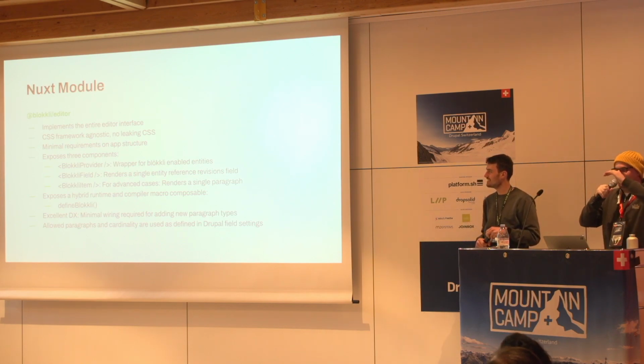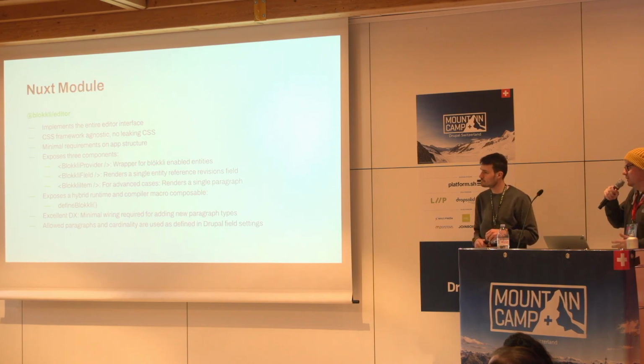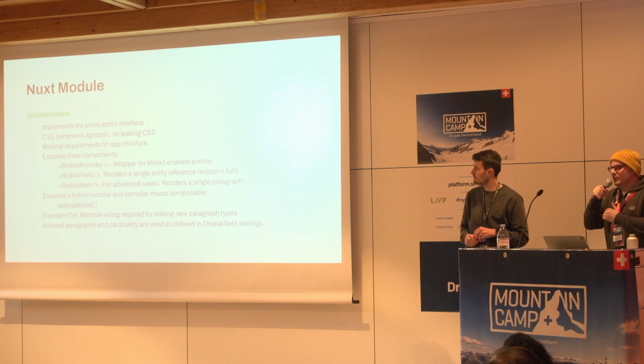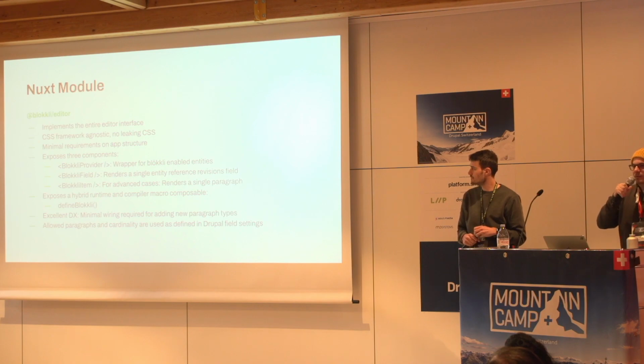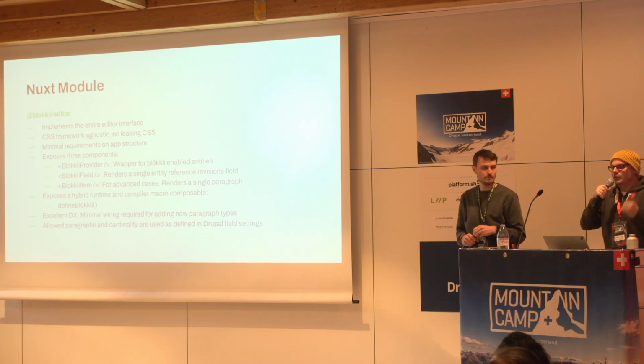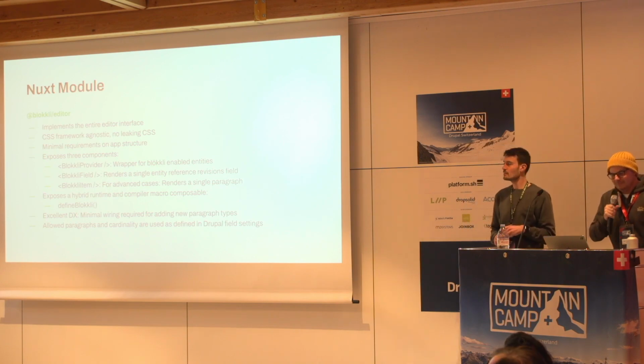So that's like the view component that wraps your host entity, basically. We'll get to that later. The second component is Blokkli field, which basically corresponds to an entity reference relations field in Drupal. And the third component, which is under the hood, so you don't interact with it, but it's basically the one that will render your correct paragraph component.